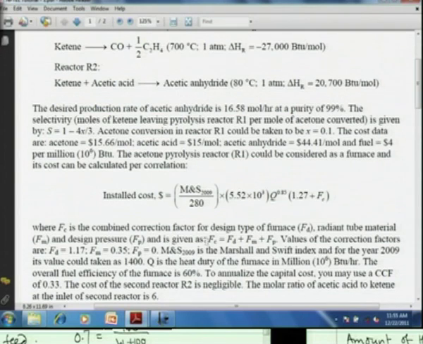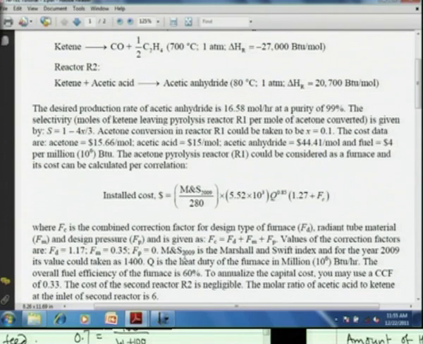The total correction factor is just the summation Fc equals FD plus FM plus FP. The values of the correction factors are 1.17, 0.35 and 0 for FD, FM and FP respectively.